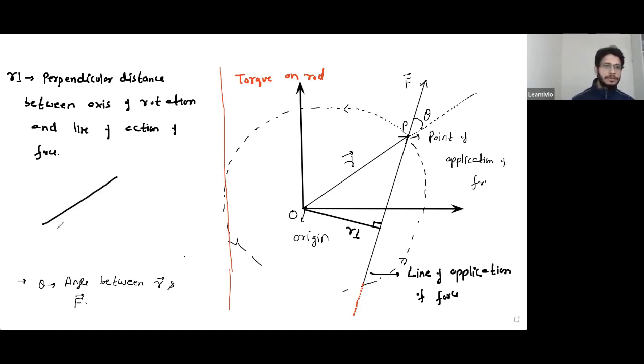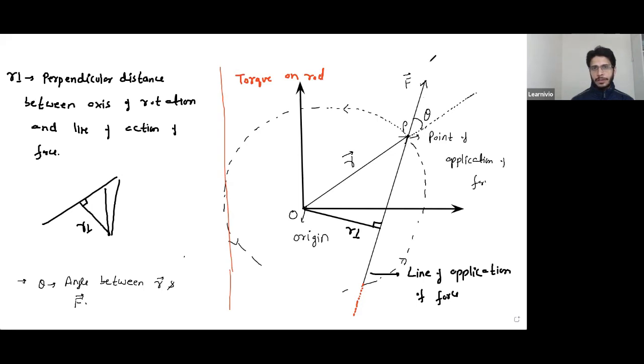If I give you a point and a line, the distance between them is variable, it keeps on changing. There can be many distances. But if I ask you to calculate the minimum distance, you will drop a perpendicular. You would say, yes, this perpendicular is the minimum distance between the point and the line.